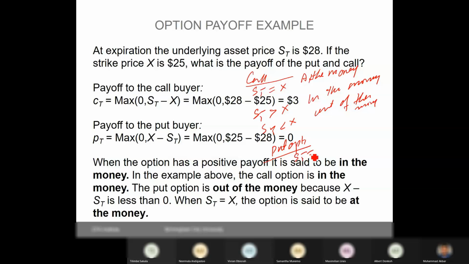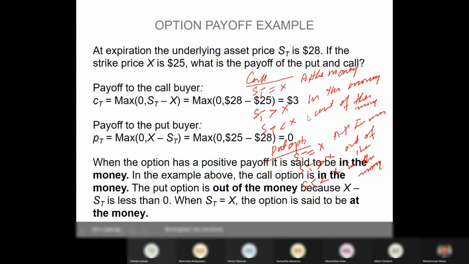Whenever ST is equal to X, it will be at the money. And whenever ST is greater than X, it will be out of the money. Like in this case, you see ST is 28 and X is 25, and then ST being greater than X, the put is out of the money.